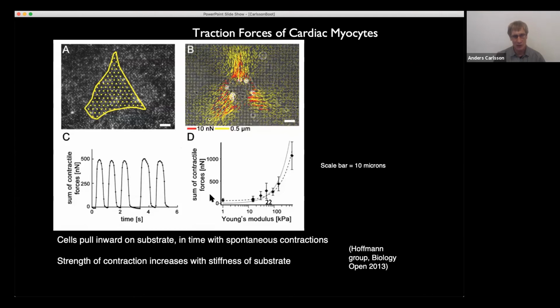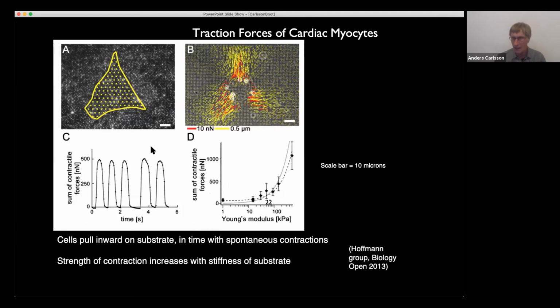Something else that was really interesting is that cells can measure the stiffness of their substrate. And so what you're seeing here is that as a function of the Young's modulus of the substrate, again, the sum of the contractile forces all of a sudden starts to take off when the Young's modulus gets to be like 50 to 100 kilopascals.